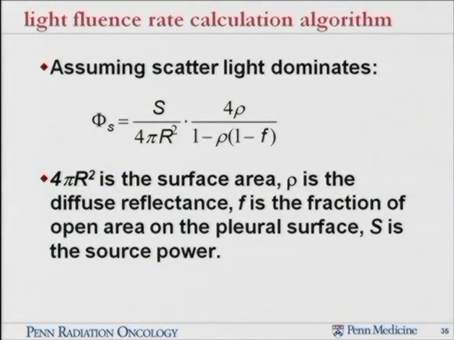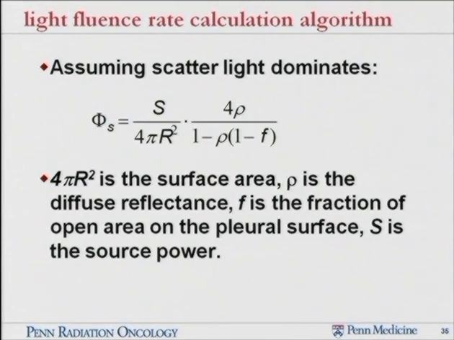And if you assume the scatter light dominates, one nice thing in an integrating sphere is that if you know the light source power, you can calculate the scatter light, which is a constant in a perfect integrating sphere.